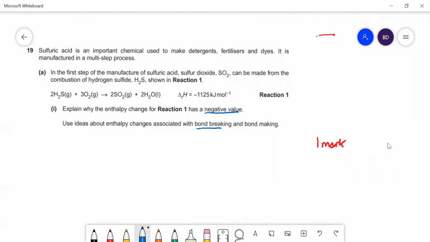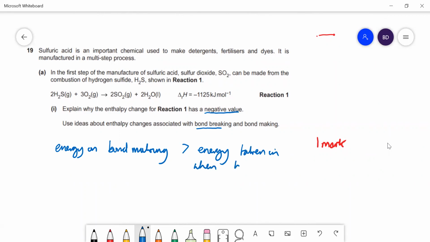So I think you need to say that the energy released on bond making is greater than the energy taken in when bonds are broken. Obviously, in any chemical reaction, you have to break some bonds and you have to make some new ones. The energy you get out from making the new bonds is more than the energy you have to put in for breaking the old ones. So 1 mark, that's all you need to say.